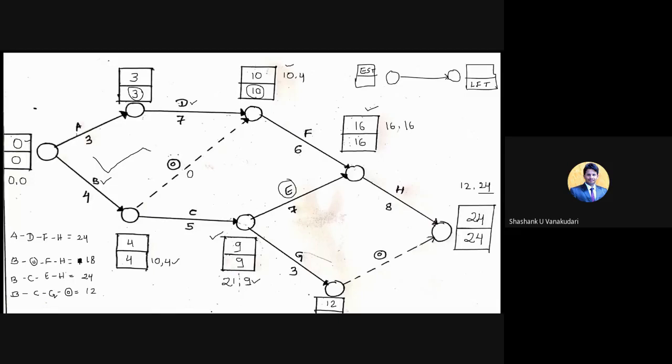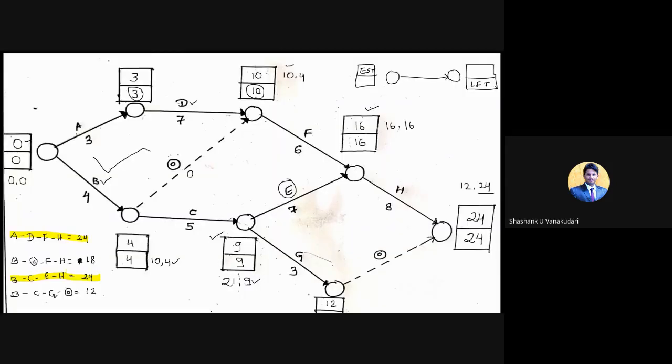Okay? So here you got two critical paths, right? The first one is ADFH, and then BCEH. So you need to highlight these particular activities, that is activity A, activity D, activity F, and activity H. This is the first critical path, and the second one also you need to show there, not only the first one, BCEH.